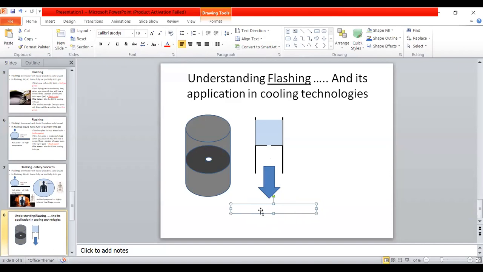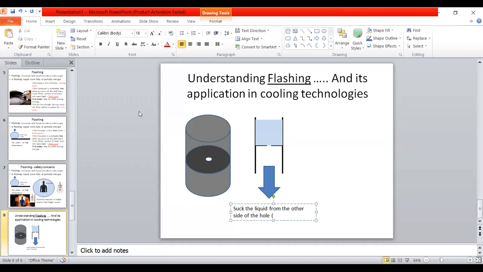Suck the liquid from the other side of the hole. Okay, tiny hole. So this is a small hole.